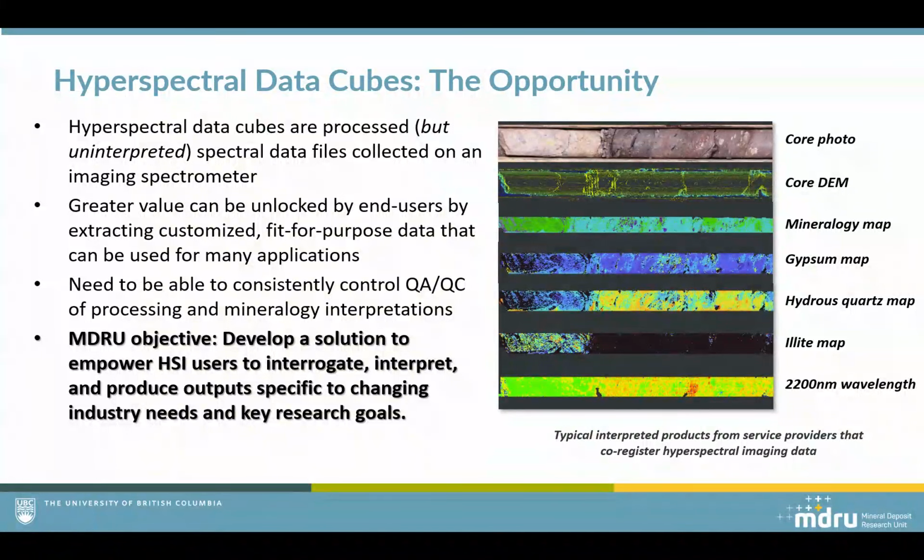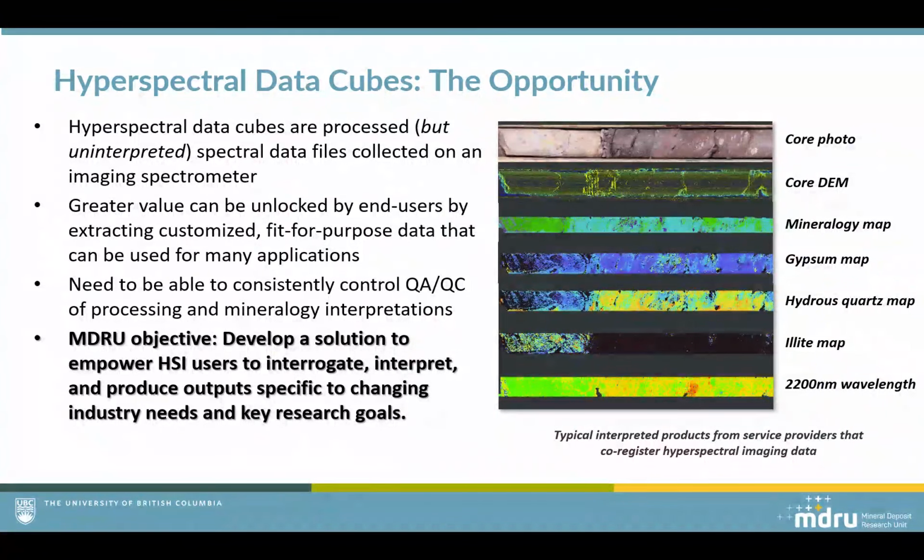The service providers now have interpretation models basically built into these data cube workflows. But we're able to actually acquire the processed data and work with that. Greater value can be unlocked by doing this ourselves as end users, and we can apply these fit for purpose applications.